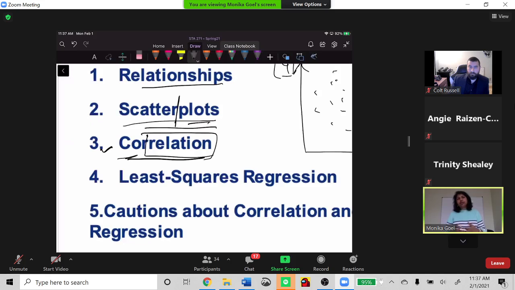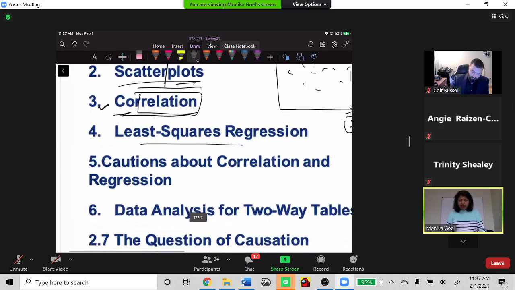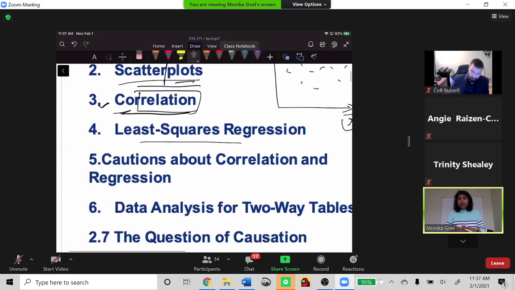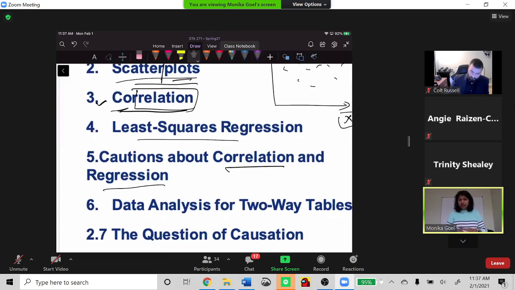Once we know if there is a correlation going on, then we draw least square regression lines in it. And next, we are going to see, when we talk about correlation and regression, what are the things that we need to keep in mind when we work with correlation and regression, how they are similar, how they are different.